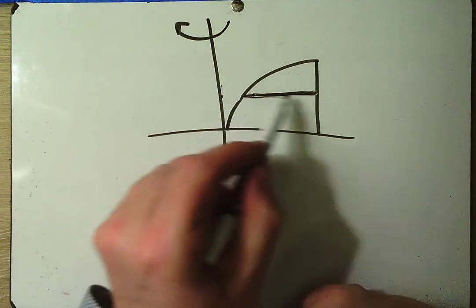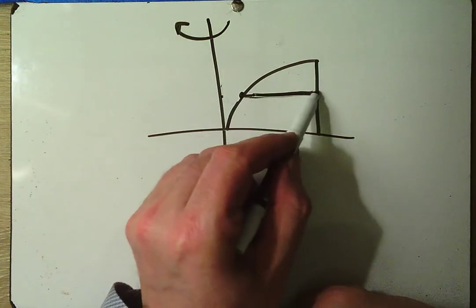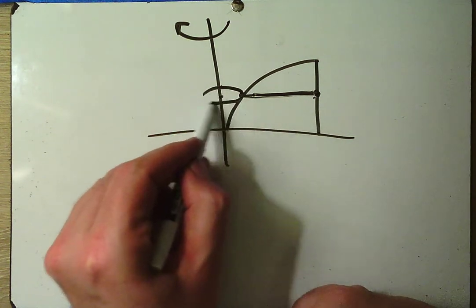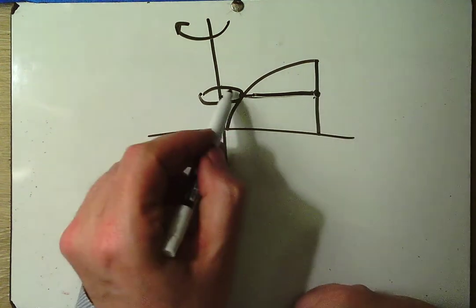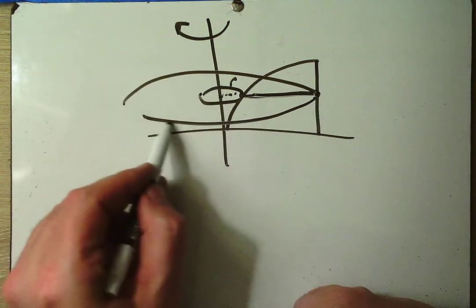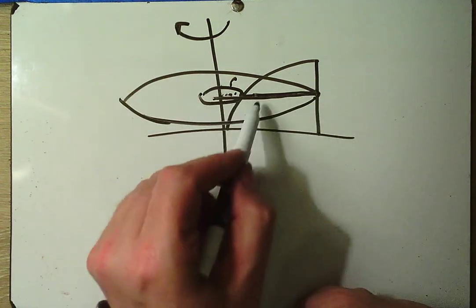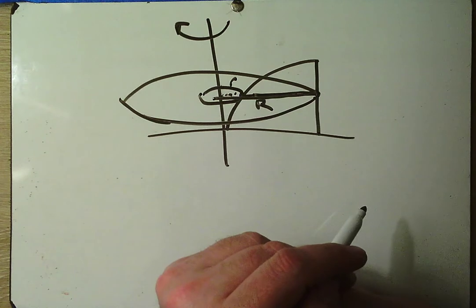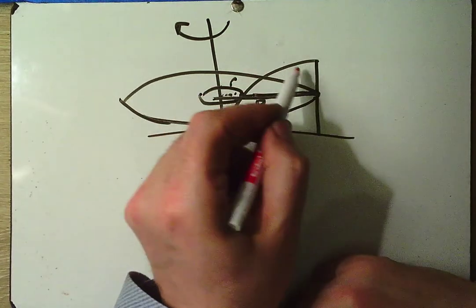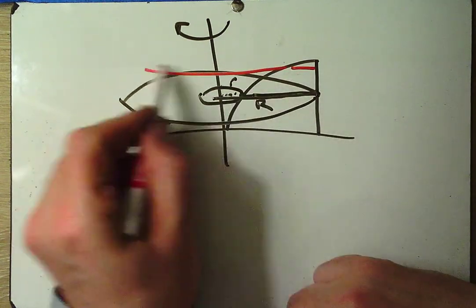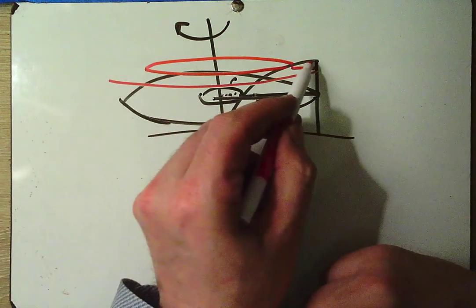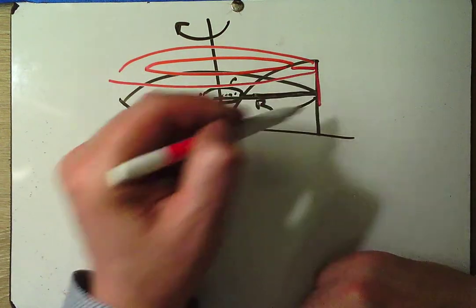At each end of this segment, draw a circle whose center is the axis of rotation. There's my little r. And there's my big R. It doesn't matter where I am. Here, little r got bigger. Big R stayed the same.